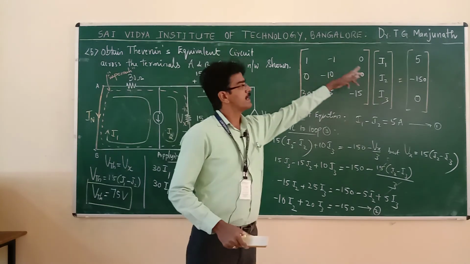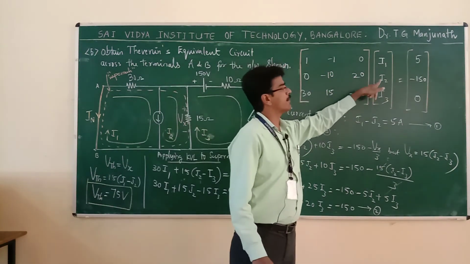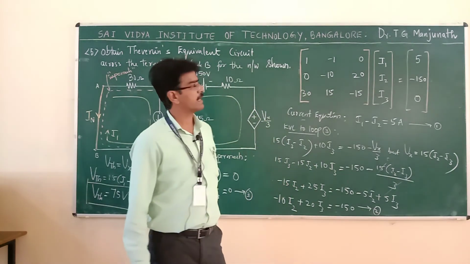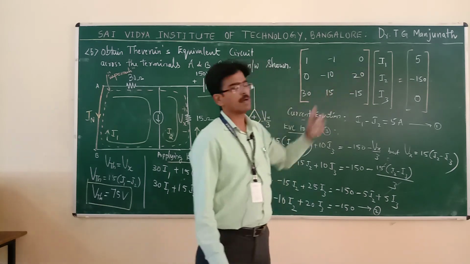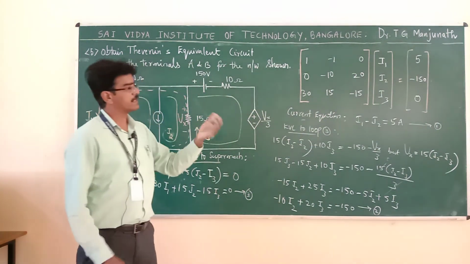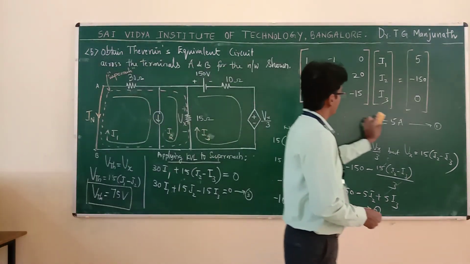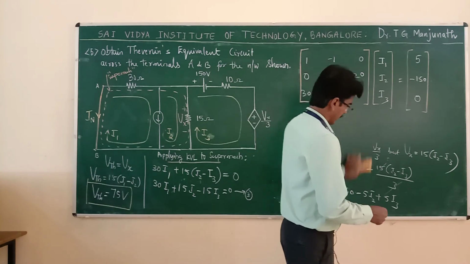Now, enter this matrix in the calculator to get the answers I1, I2, I3. The calculator will show the answers as X, Y, Z, which are nothing but I1, I2, I3. Now, all of you enter this in the calculator to find the unknowns I1, I2 and I3.